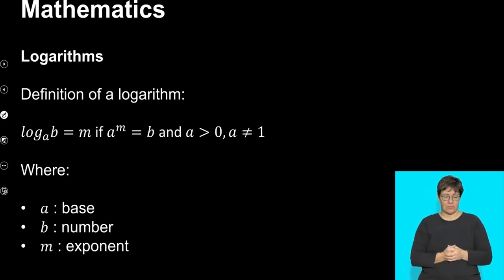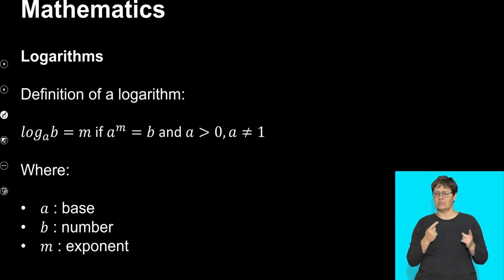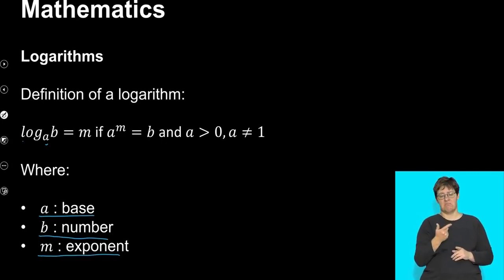Now, we have what we call logarithms that we need to remember, right? This is actually a new concept that you only learn when you start talking about the inverse of an exponential function. With the concept of a logarithm, you have log of b base a, right? We normally call a the base, b the number, and m the exponent.